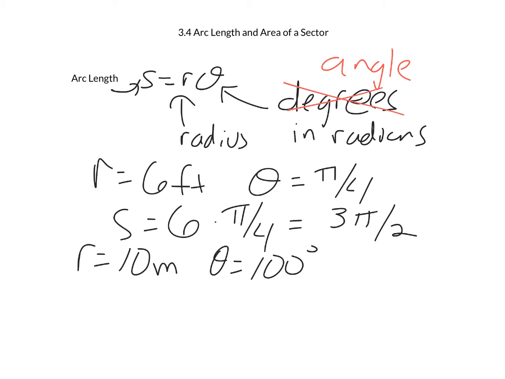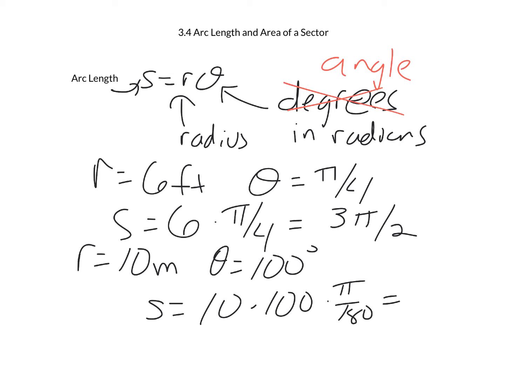Now let's do an example where R is equal to 10 meters and theta is equal to 100 degrees. Now we need to convert in the middle of our formula. So S would be equal to 10 times, remember, the conversion from degrees to radians is pi over 180. So we have 100 times pi over 180.